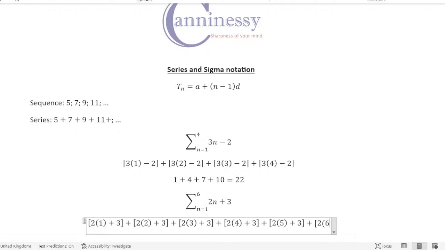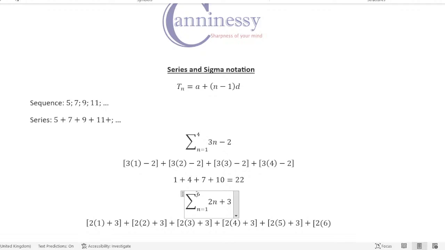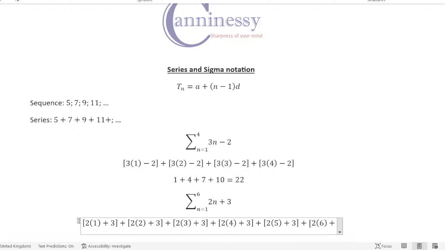Why? Because we have been told that we'll have 6 terms here. So the last number to be substituted should be 6. That's why we have 6 here. Plus 3, close brackets.